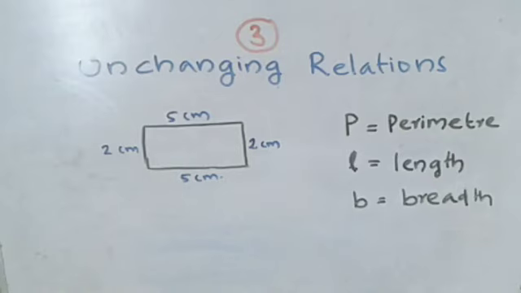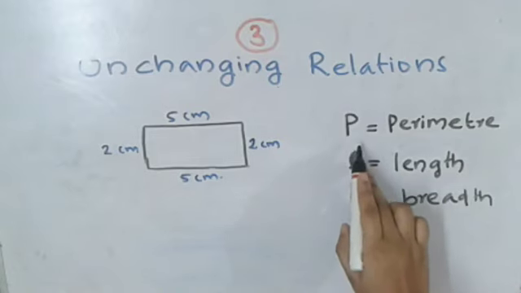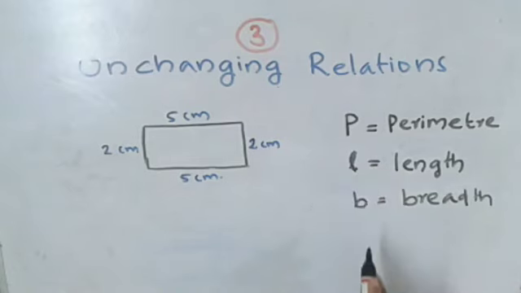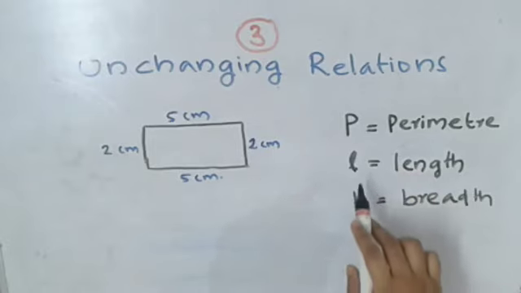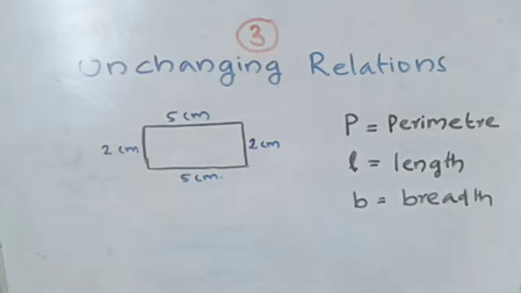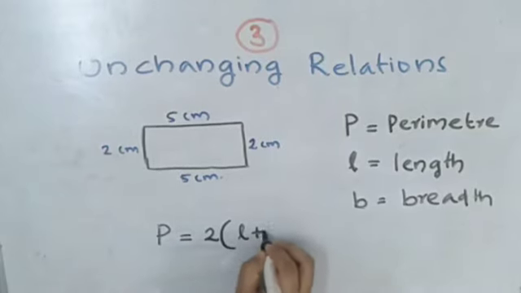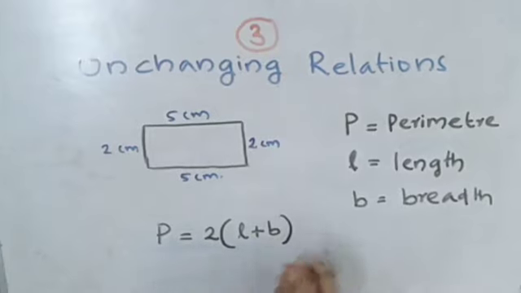Then if we denote the length of each side as L and B and perimeter as P, how do we write the relation between P, L and B of this rectangle? How can we write that? That is, P is equal to 2 into (L plus B).